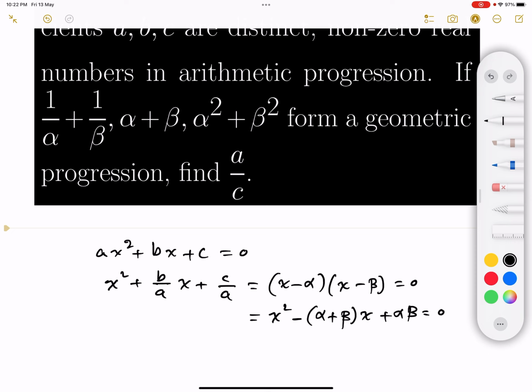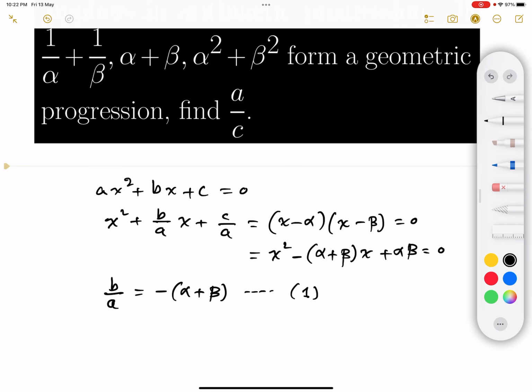If we equate the terms on both sides, we find that b over a is equal to minus alpha plus beta, and I will call this equation number 1. Also, alpha beta is equal to c over a, and I will call this equation number 2.